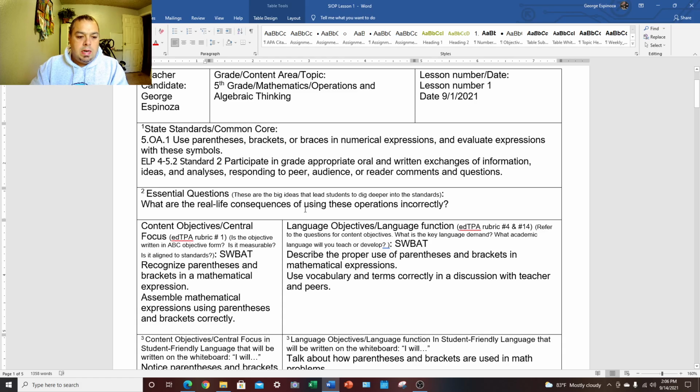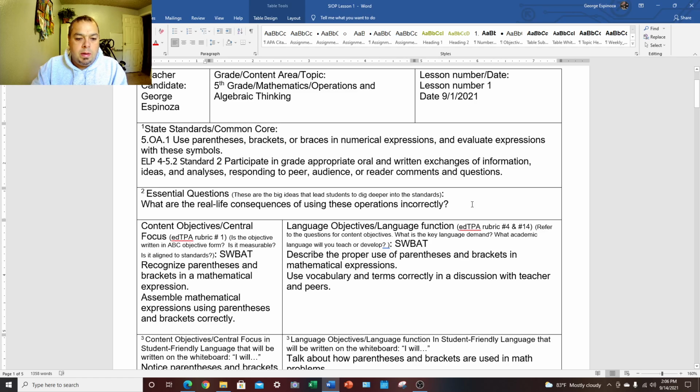The essential question that I chose was pretty difficult to come up with simply because math is very dry. There's not a lot of real life interest that I think applies to students at the 4th and 5th grade level.